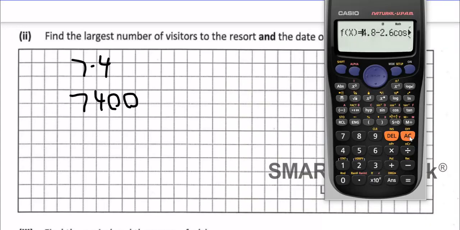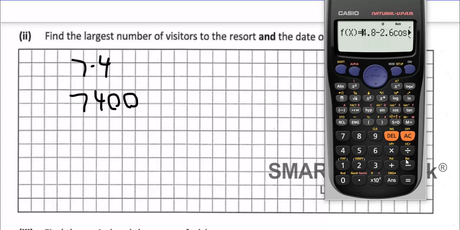Now, if I go back to this again, I don't know, start at 20, and at 45, step of 1. Okay, I'm looking for 7.4, haven't I? Keep going, keep going, keep going. I'm not getting close enough yet.